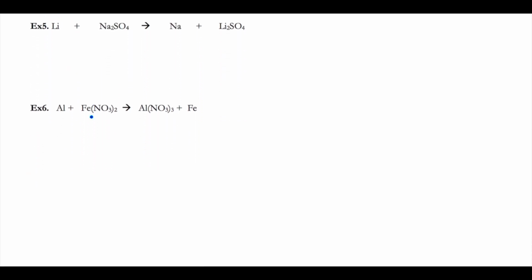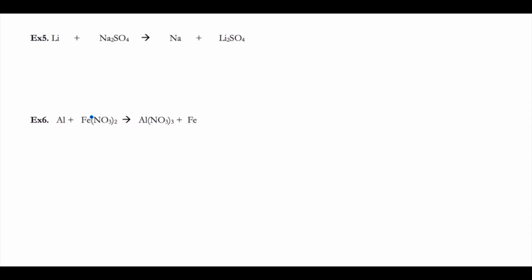All right, let's work on some practice with identifying what species or substance is going to be oxidized and what's going to be reduced in a reaction. First, I have to write out all of my oxidation numbers. Lithium here is by itself, so its oxidation number is 0. For Na2SO4, oxygen is always -2 except for the 2 exceptions we just noted, but overall, because I have 4 oxygens, it's going to be -8.